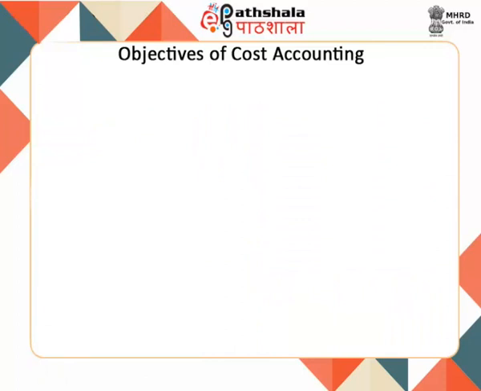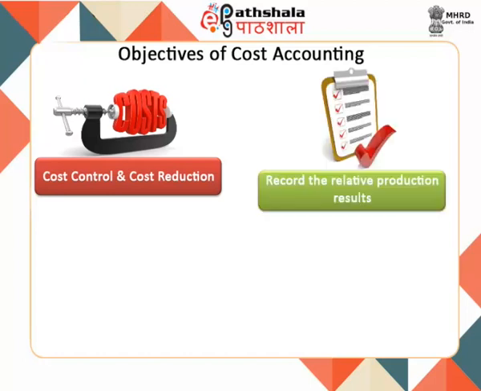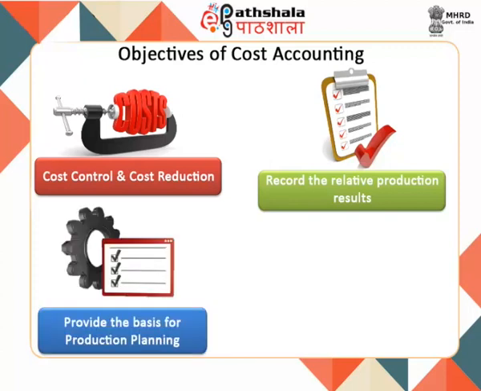Continuing with the main objectives, a few additional objectives are: number one, to assist cost control and cost reduction. Number two, to record the relative production results in each unit of plant to examine efficiency. Number three, to provide the basis for production planning and for avoiding wastages of materials and stores.